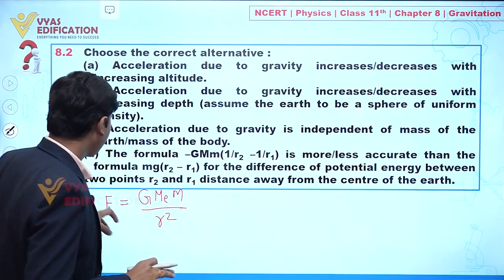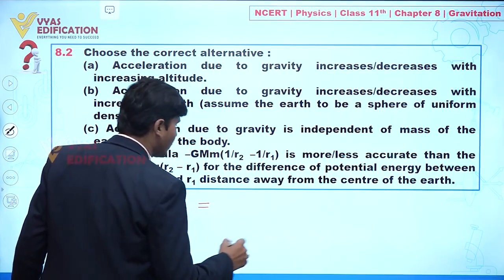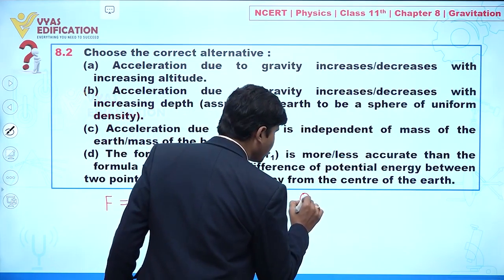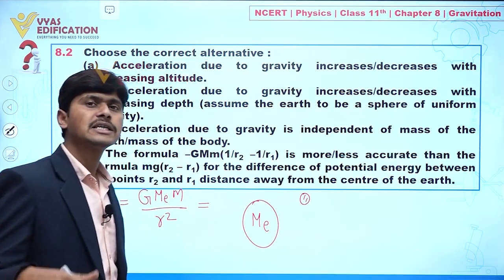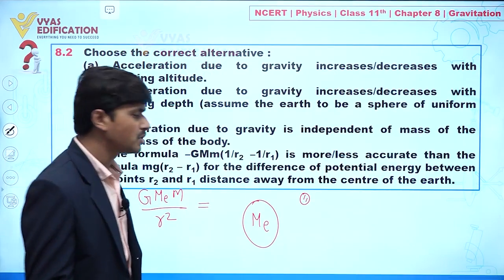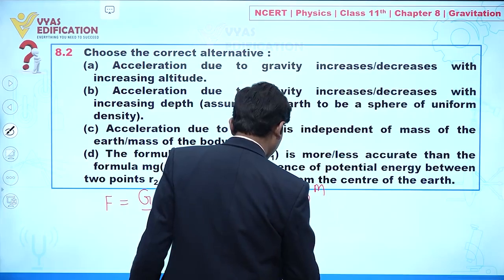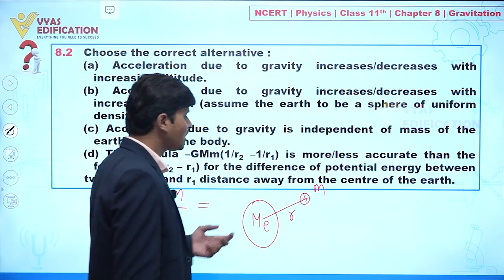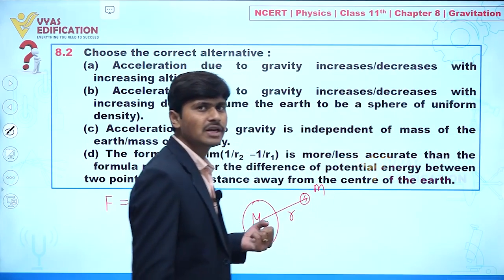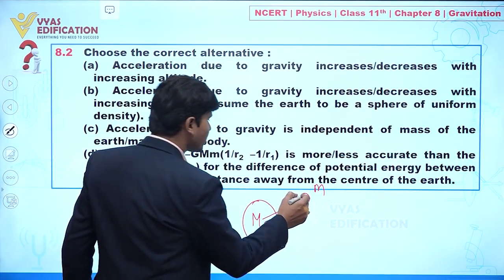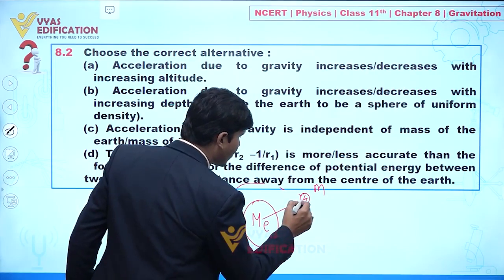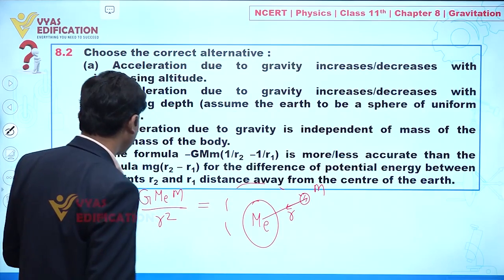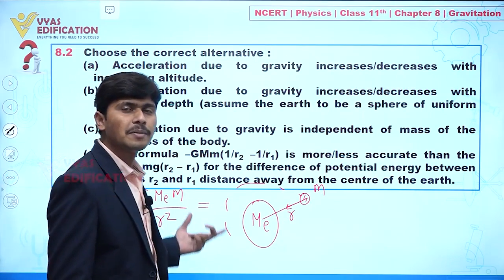We can also write it like this. Let's suppose this is the earth, with mass Me, and here we have another planet or satellite, any object, with mass m, at distance r. Now let's suppose I want to find the acceleration due to gravity acting here. This object is revolving around the earth, so a centrifugal force will act along the radius, and that should be equal to G Me m upon r square.